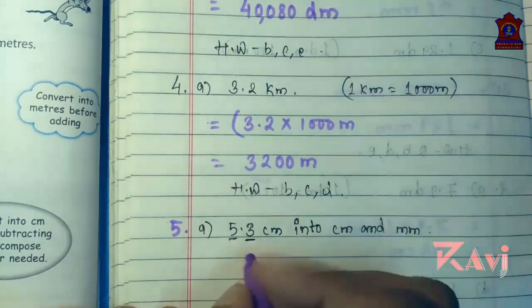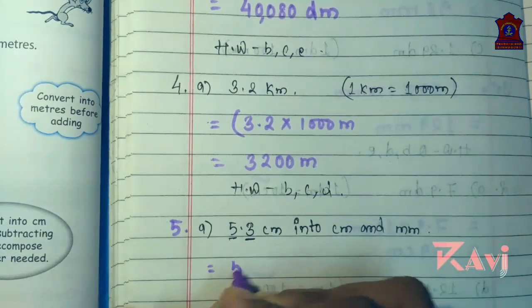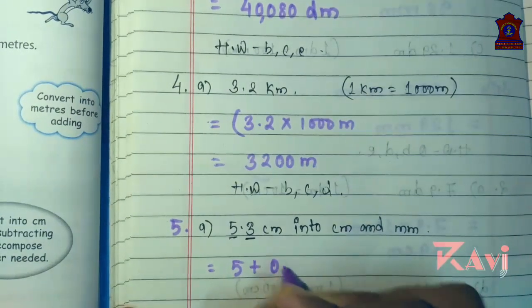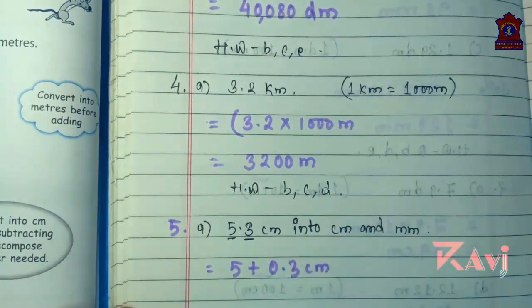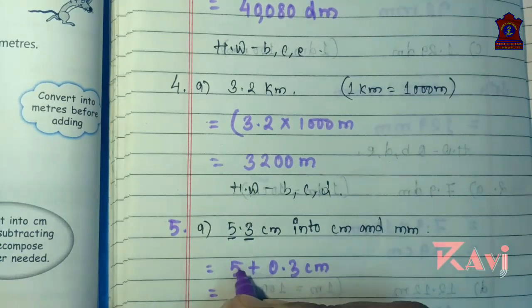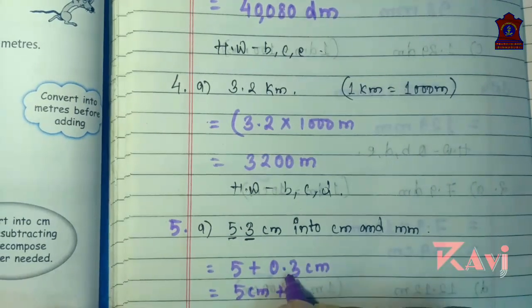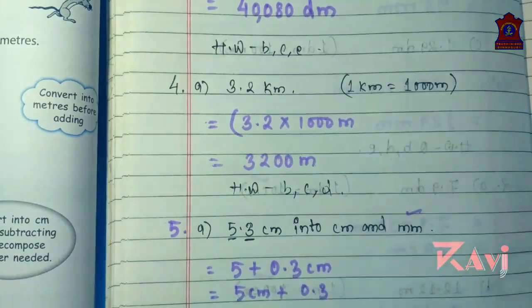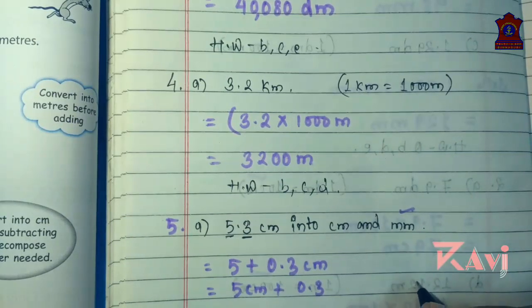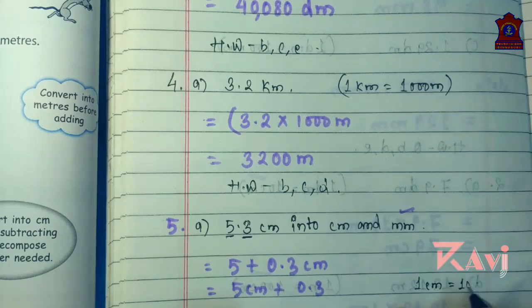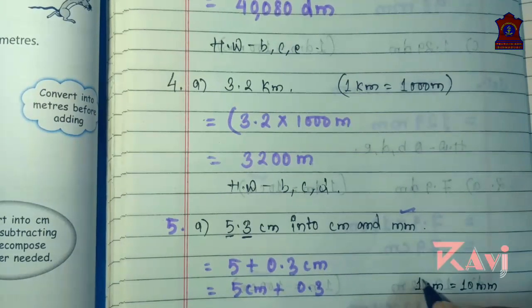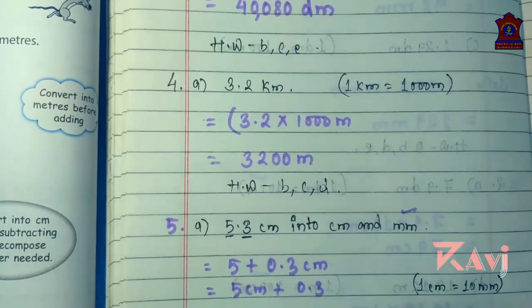Now you will be writing it like this: 5 plus 0.3 centimeter. You can say that 5 is also centimeter, so 5 centimeter plus 0.3 centimeter you need to convert. Here we know 1 centimeter equals 10 millimeter.